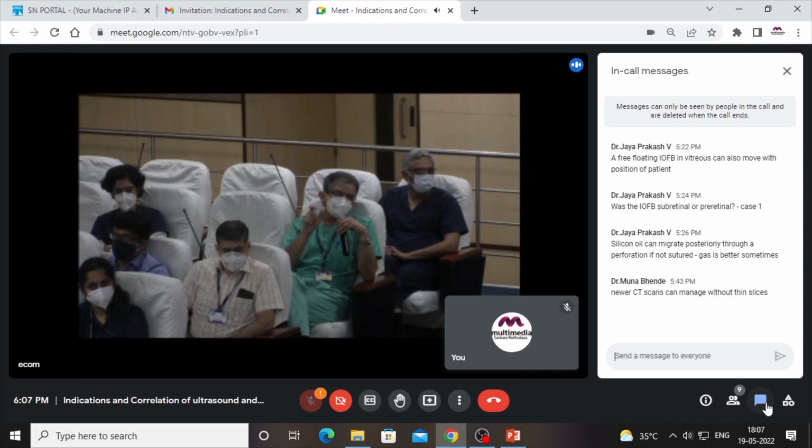The window period, there is no clear-cut guideline as to what is an ideal window period after injections. There have been studies which have shown that the VEGF level drops within 24 hours. So anything after 24 hours is a good enough time to go ahead and operate.